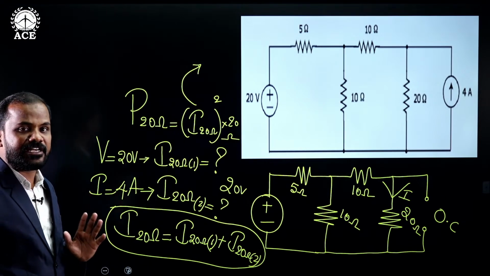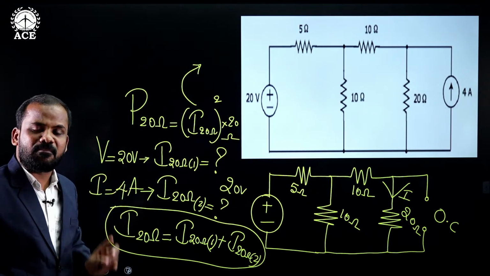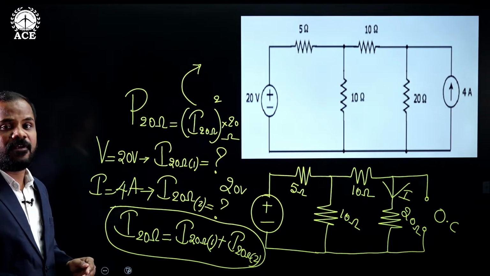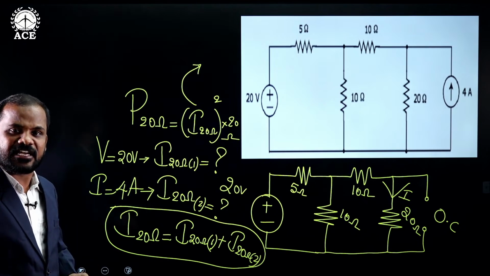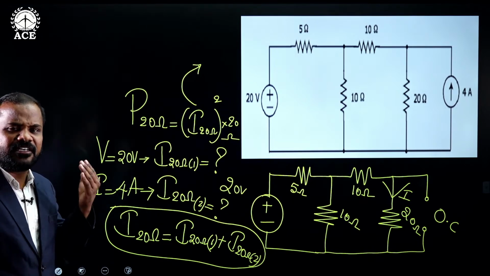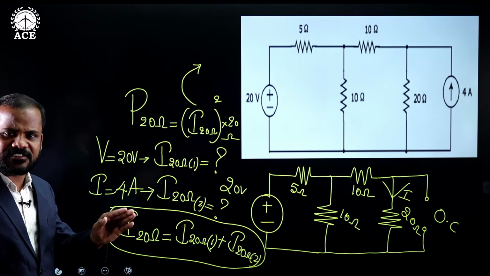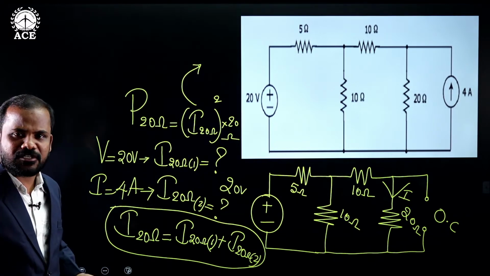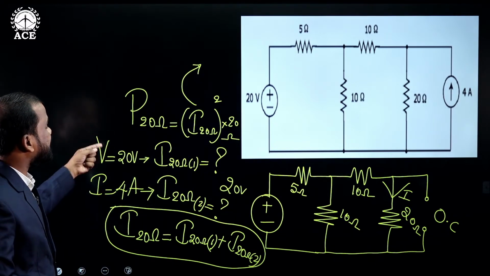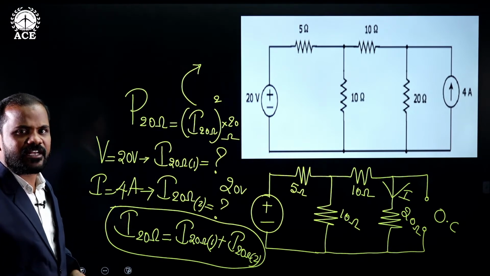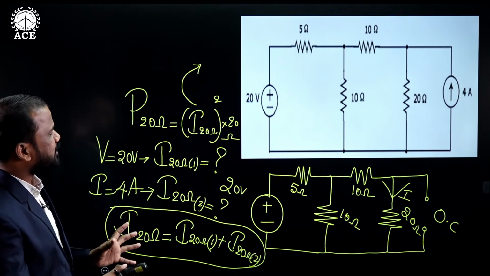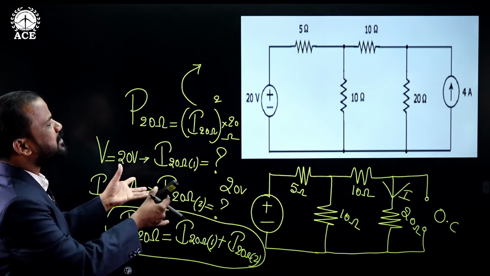Again I am repeating: in any linear and bilateral network with multiple voltage sources, current sources and resistances, the response in any branch of a resistor is the sum of the responses while individual sources are acting alone. This is the statement of the superposition theorem. Clear?